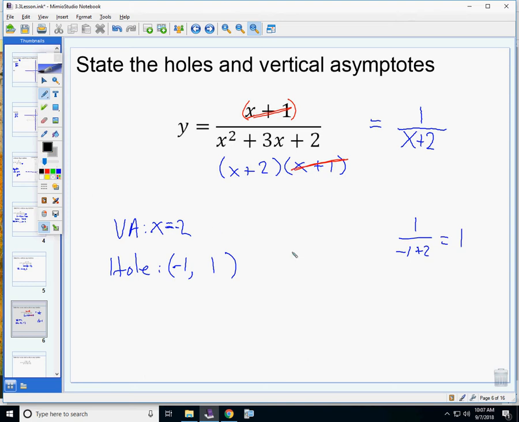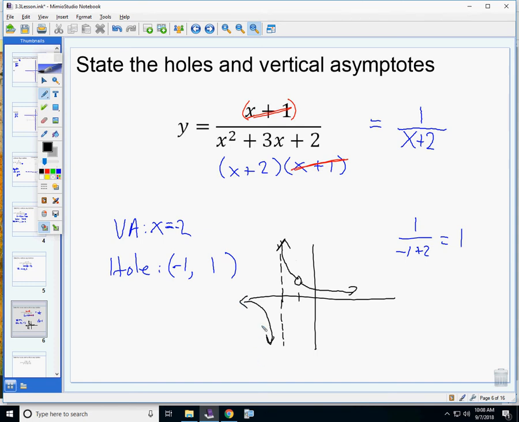Now for graphing this, we would draw our asymptote where x is negative 2. We'd have a hole at negative 1, 1. So right there is a hole. And it looks like the graph would come down through here and over here.